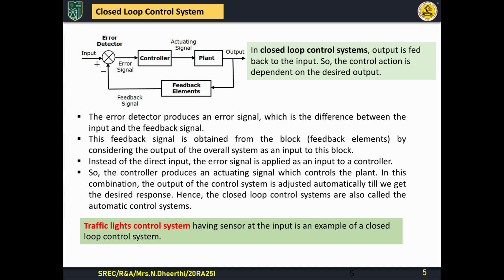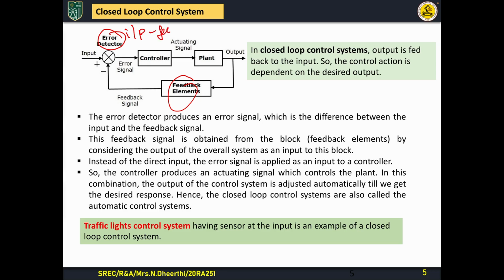Here you have the error detector that produces the error signal, which is the difference between your input and your feedback signal. The feedback signal is obtained from the feedback elements. So the error detector gives input minus feedback signal.